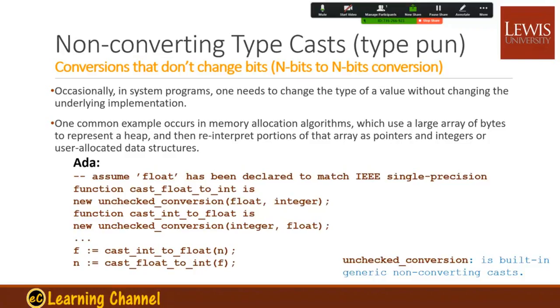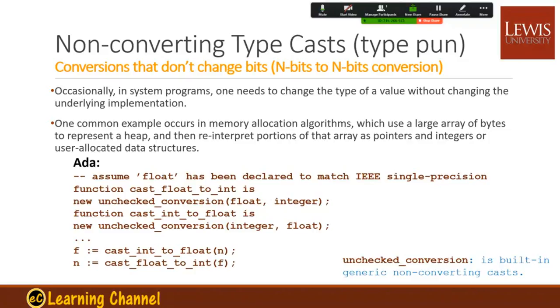I need to take care of the conversion, especially the boundary conditions. That actually requires some work, so that is converting type casting. But what is non-converting type casting? I just do bit-level conversion, and I really don't care about how to interpret it, and then convert it with some type conversion.